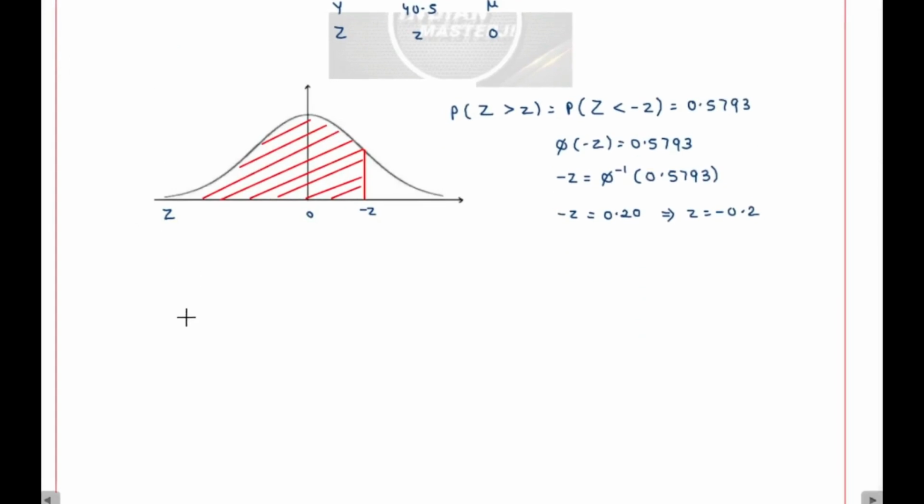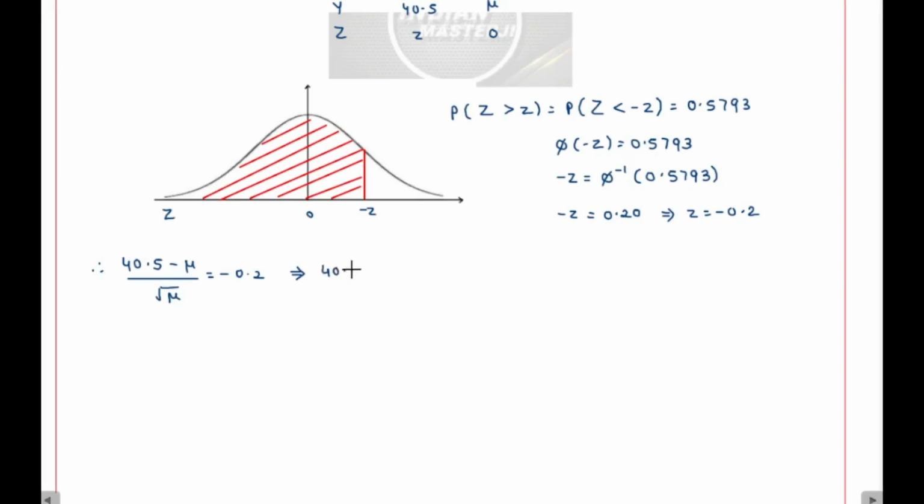Let's write it down. So therefore can I say (40.5 minus mu) upon square root of mu is equal to minus 0.2. From this particular equation we are supposed to get the value of mu.